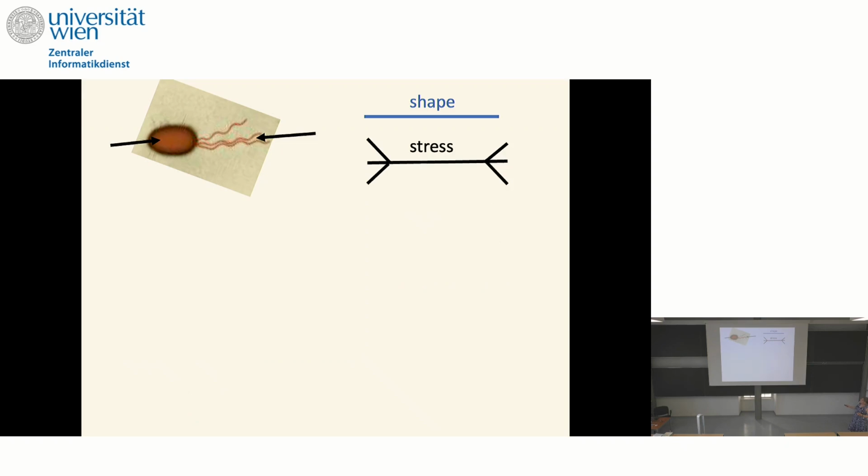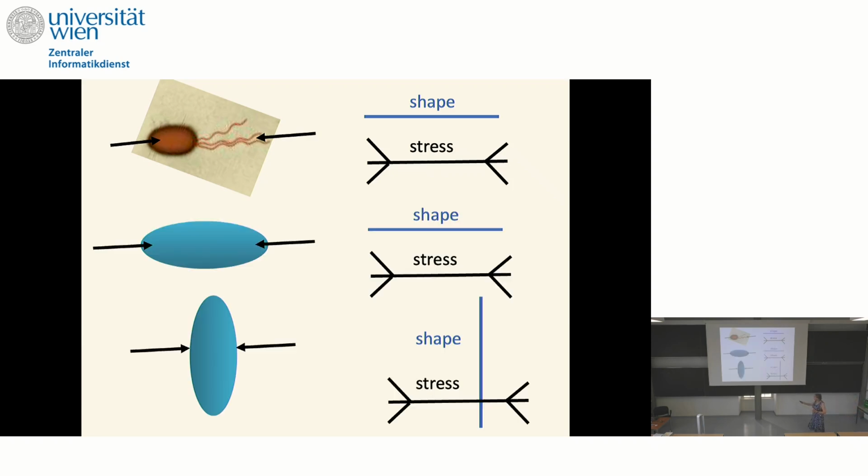So normally, if you have a shape like that and a stress like this, the forces are like this, that's what you would have called, I don't remember which one, puller. It's a contractile particle, yeah? And that's all there is to it in terms of swimmers. Okay, so the same with a cell. The shape's like this, and the stress is like that.